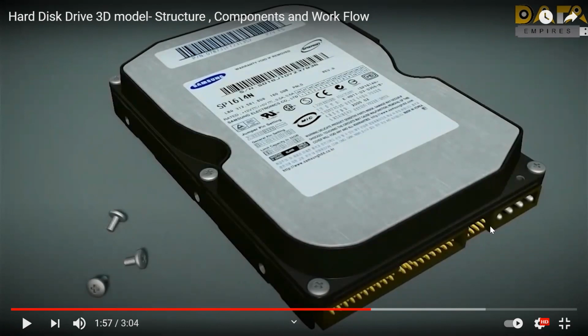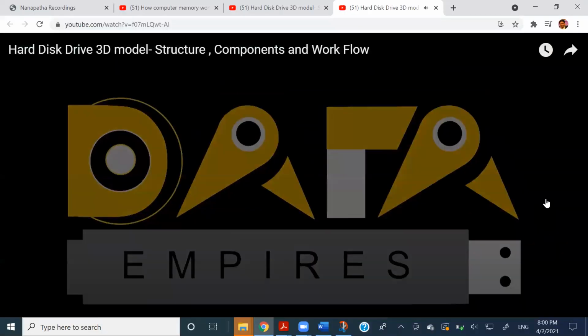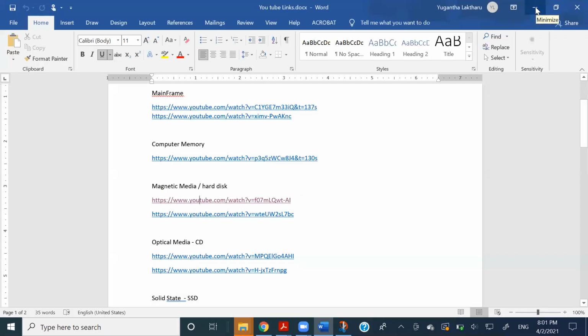Just remember this IDE connector and the power supply. That is how the data is taken and the power is given to the hard disk, right? So that is the end. That is the nature of a hard disk.